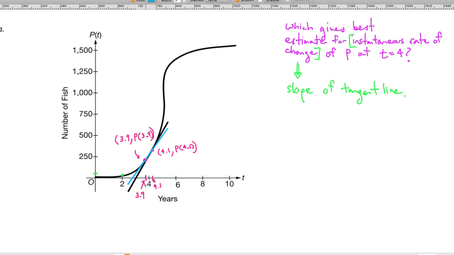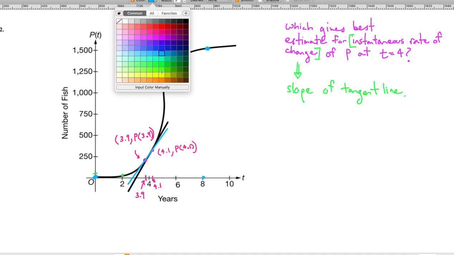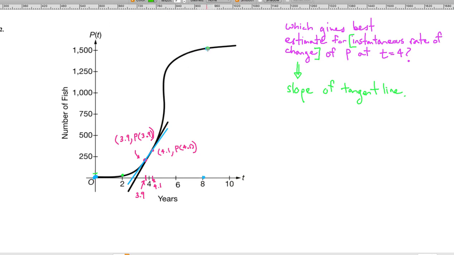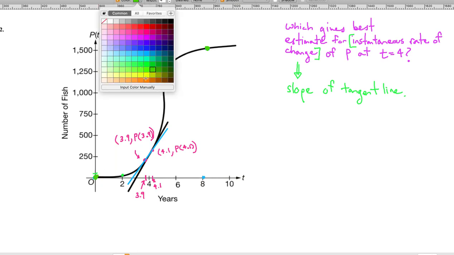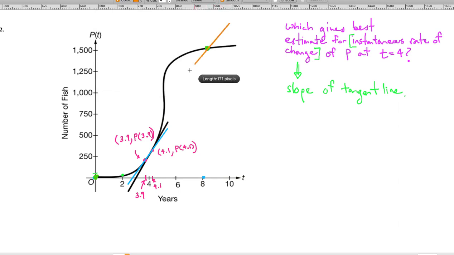If I pick points further away, this would be less accurate. If I did, let's say, between 0 and 8, let's say I use these 2 points, this secant line joining these 2 points. Let's say I do it in a different color. So let's say this point right here, and then this point right here, and I join these 2 points with a straight line. And you'll see it's not very close to the actual tangent line.